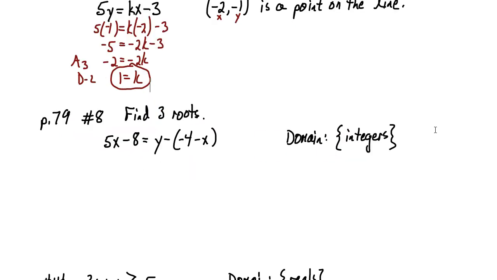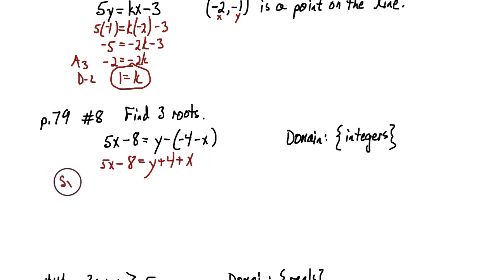Next, page 79, number 8. Find 3 roots if we use integers as our domain. Let's simplify this first to make it easier to find roots. Negative of -4 is +4. Negative of -x is +x.